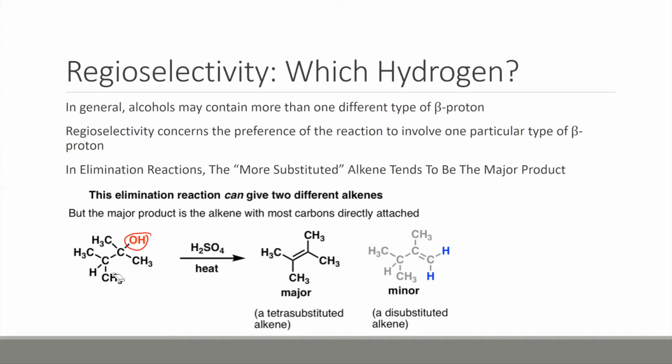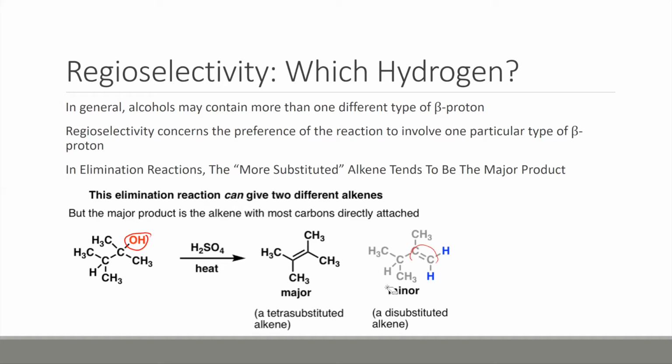In each of those cases, you'd either form a double bond here or here. And you can see those products laid out. A double bond in between, that's when you take off this hydrogen along with your OH, or a double bond on the end here.